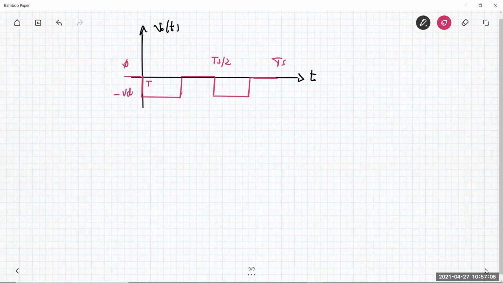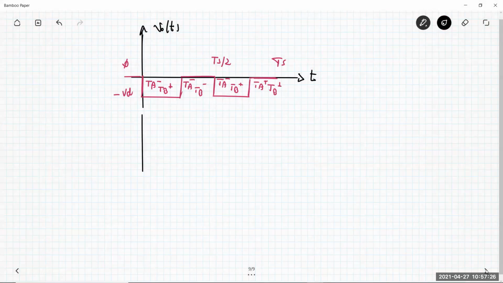Again, we have TA minus TB plus, TA minus TB minus, TA minus TB plus, TA plus, TB plus.